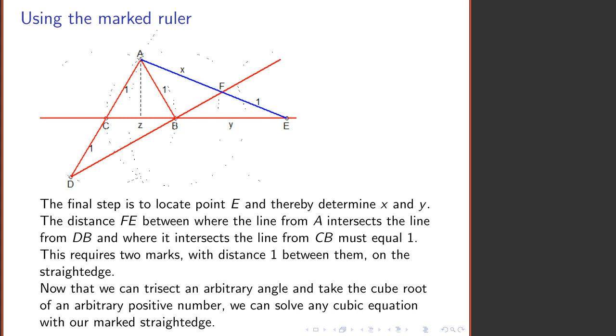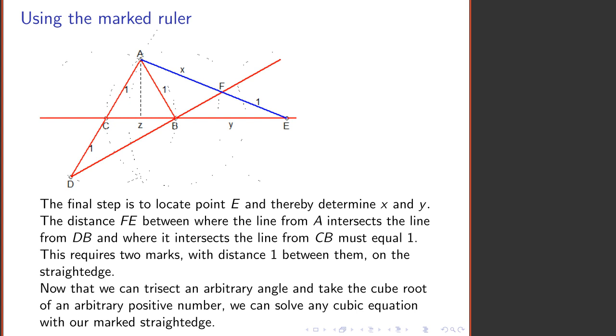Only I don't know where point E is. I extend AC an equal distance further along to D, and then I construct a line that goes through D and B. So I now have everything except this blue line.